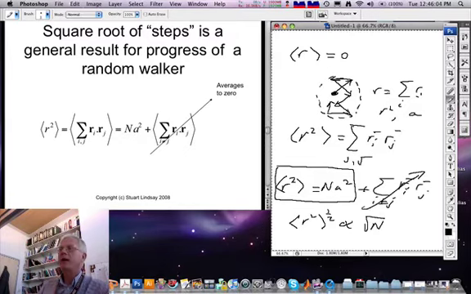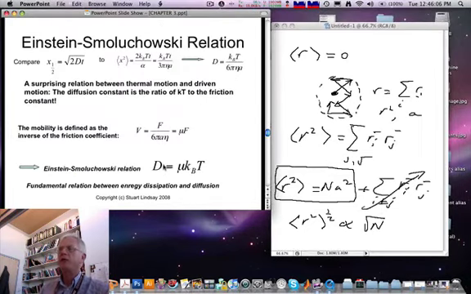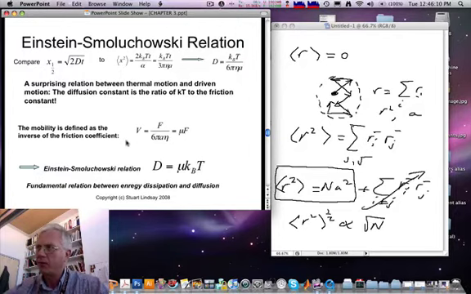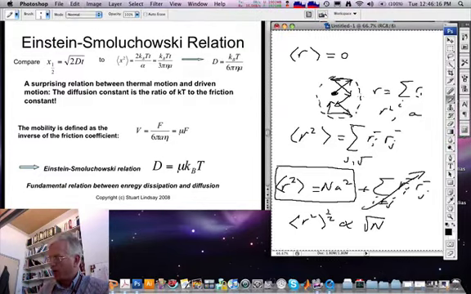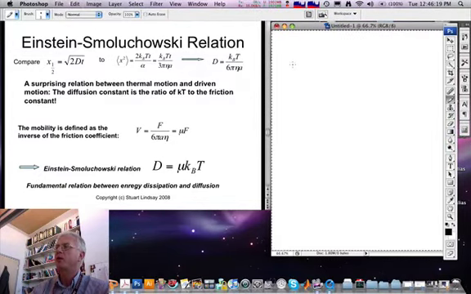We end by returning to our problem of diffusion and taking a look at the two results we obtained. One was from the diffusion equation that we just considered, where we saw that the dye that we added diffused out according to x is the square root of 2Dt.